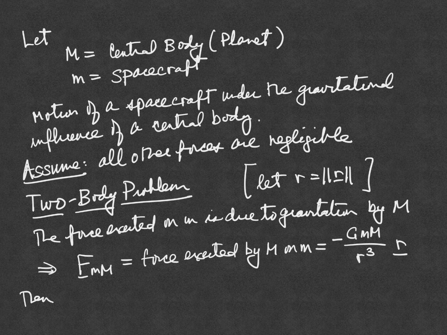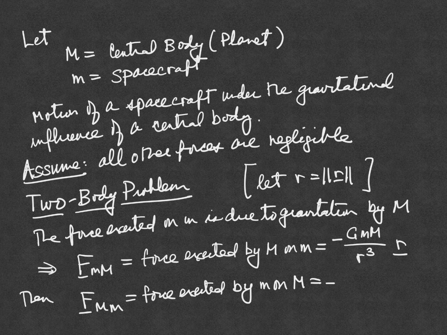So then the force exerted by little m on big M is equal to minus the force exerted by big M on little m. So that's equal to G times the product of the masses, all divided by r cubed times r.